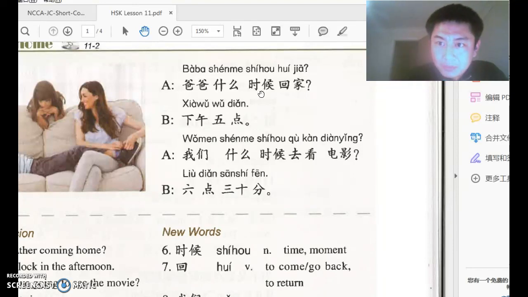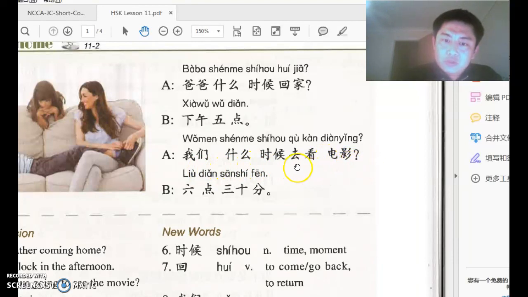What time do you usually get up? Say 6 o'clock, 6:30. But 什么时候 can be answered by next year or next month, or after I finish my homework. All these are times that can be very general. So that is 什么时候. And then B says 下午5点. Of course, you can use a specific time to answer the word when, or 什么时候 in Chinese.